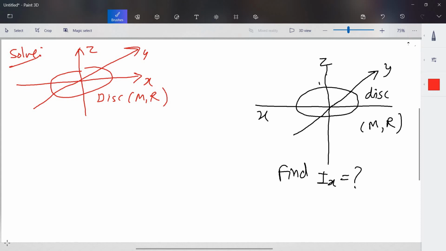Okay, so we know the moment of inertia. Firstly, the z-axis passes through this disk, so for this z-axis the moment of inertia is mr square divided by 2. Okay, we know about that.